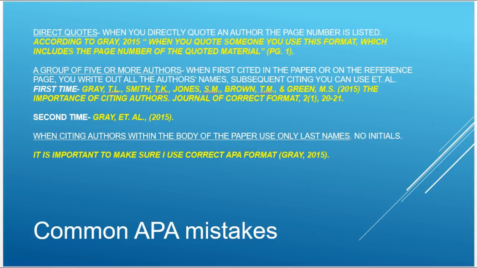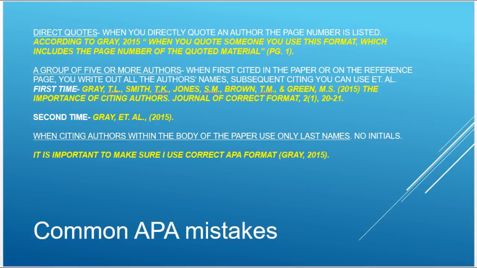For example, the first time, I've shown you an example here, I've listed all 5 of the authors out with all their names written. Now the second time, if I quote that same resource in the paper, I can just write Gray et al. And again, that's just for the second time. The first time and on the reference page, all the authors' names are written out.